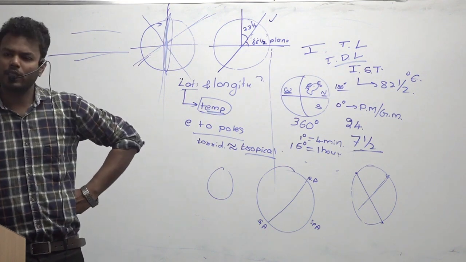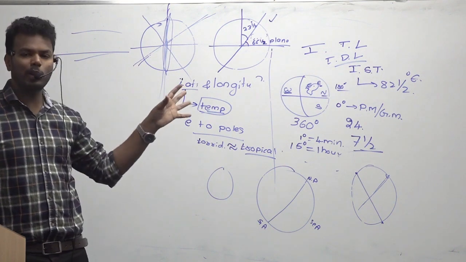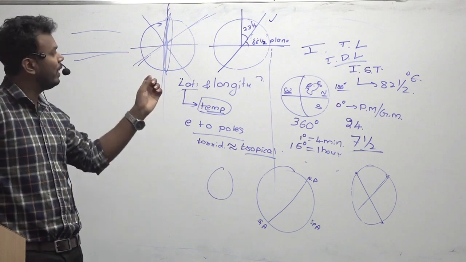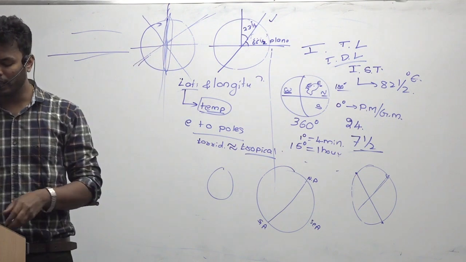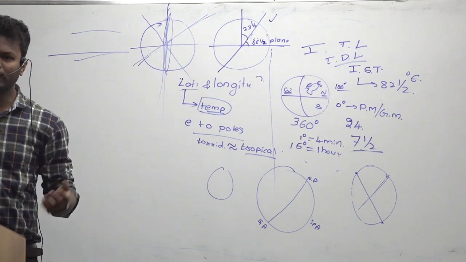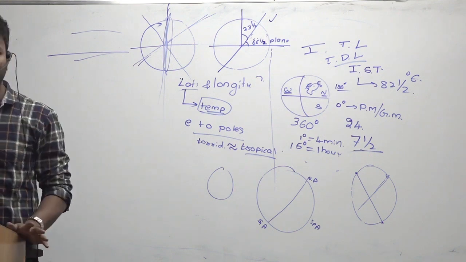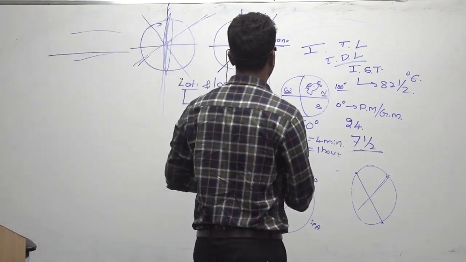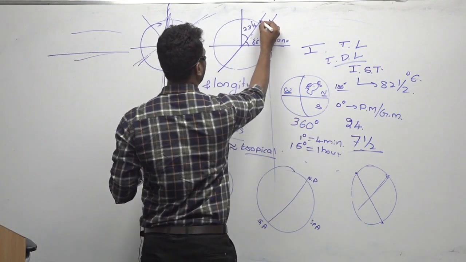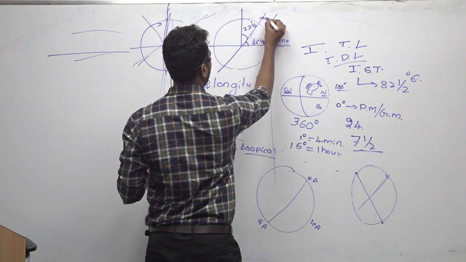So this tilt is also responsible for seasons on the countries lying on the earth. So what is happening with regard to tilt and seasonality? For supposing this is the axis.